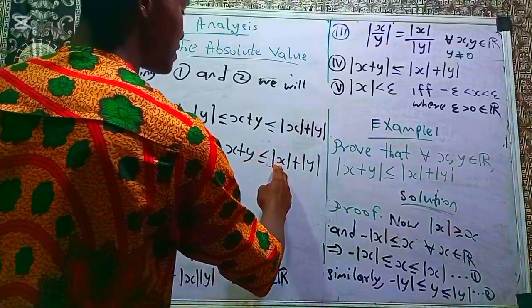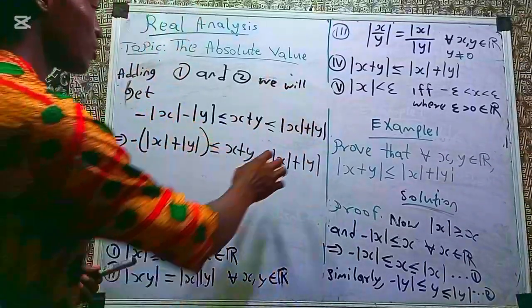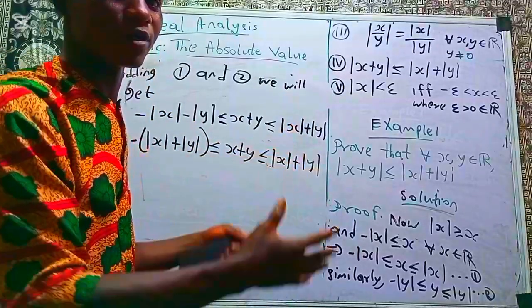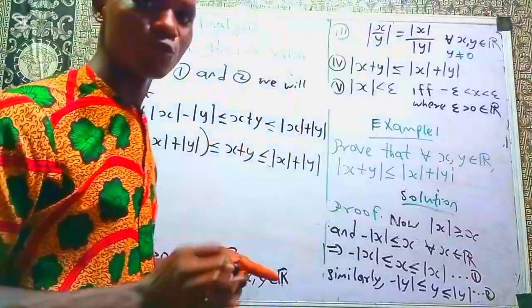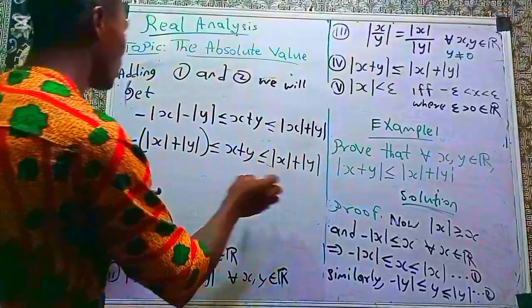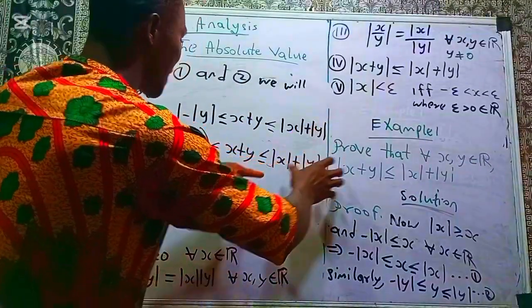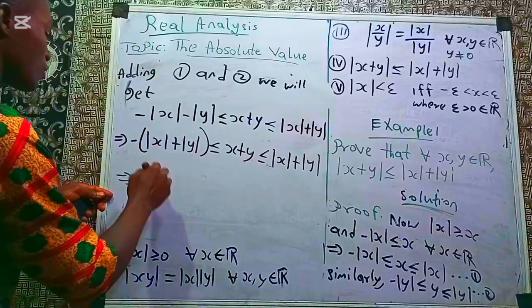So if absolute value of x plus absolute value of y is our epsilon, because absolute value of x will be what? Positive. Absolute value of y will be what? Positive. If we take it to the epsilon, notice that this middle quantity, x plus y, is lying between the positive of the epsilon and negative of the epsilon. So this thing simply means that what?